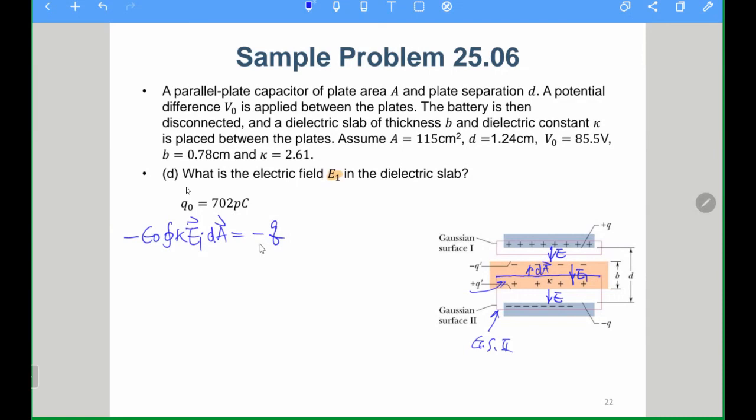We still have the dot product here, but for the next step we have negative epsilon naught kappa E1 A equals negative Q, and the two negative signs cancel each other. Then we get E1 to be Q over epsilon naught kappa A.